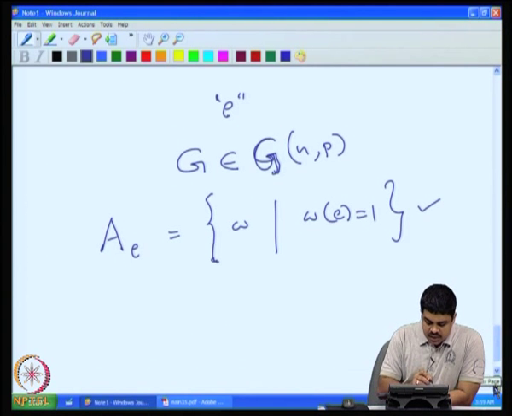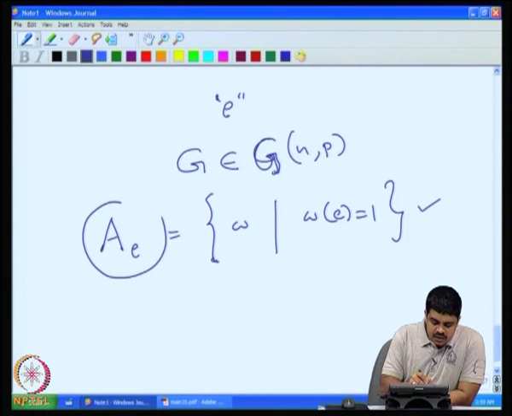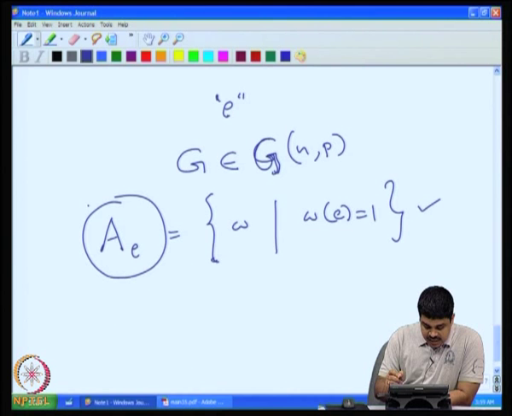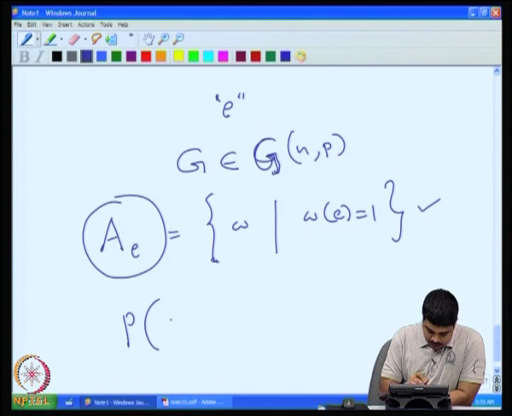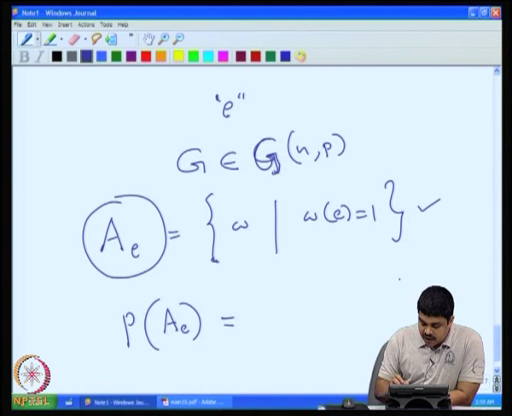Now the probability of A_E can be calculated as follows: this E has to get the value 1, which happens with probability p. Any other edge can be 0 or 1, so the probability is 1 there. So, 1 into 1 into 1, like that.